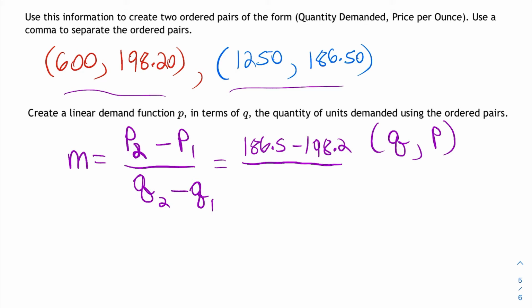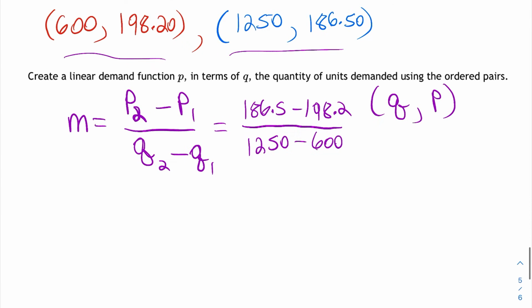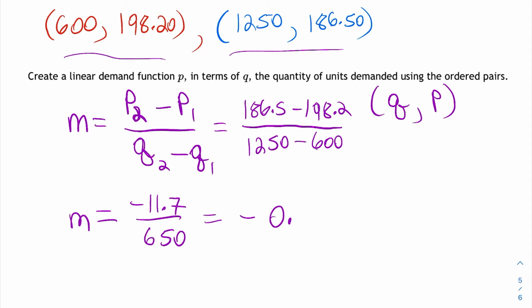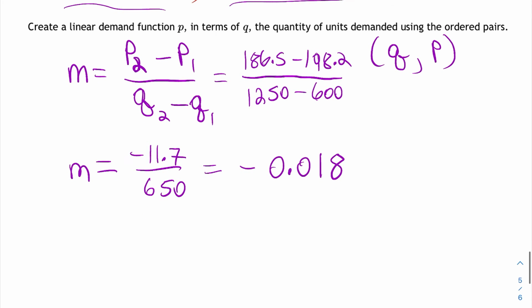In the denominator, we're going to have the difference in quantity, so that's 1250 minus 600. And we get that the slope is negative 11.7 on top over 650, which if you divide, you get negative 0.018.